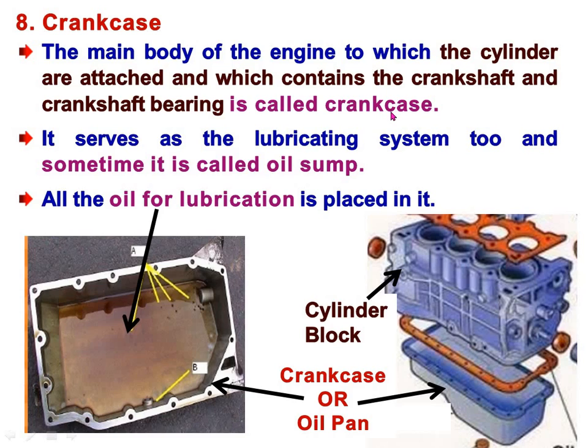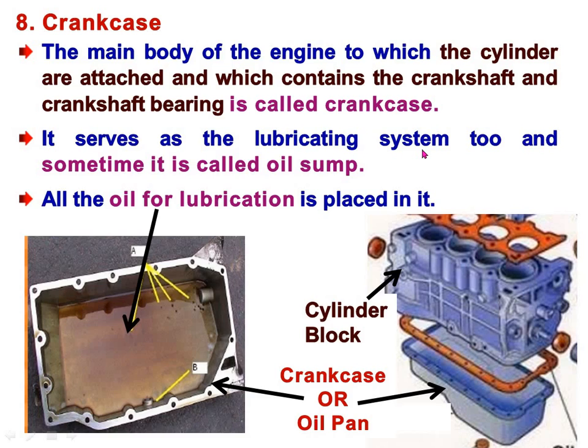So see here, this is the crankcase, or we can say the oil pan, or sometimes the oil reservoir. This is the crankcase in which the crankshaft and crankshaft bearing are attached for the frictionless movement of the crankshaft.